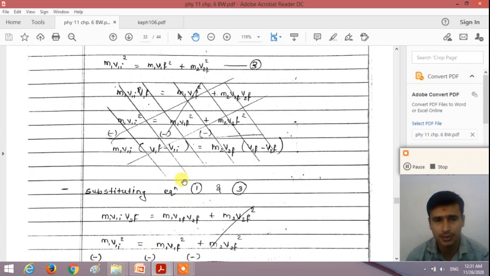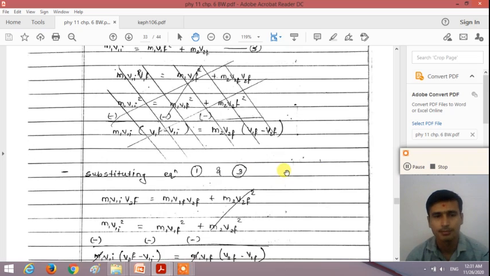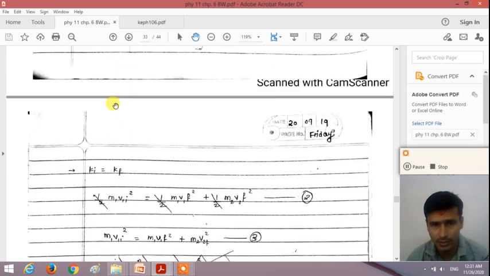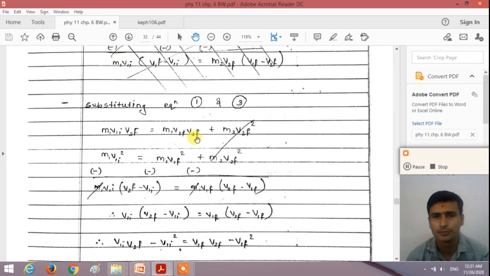Now combining equations 1 and 3 by the substitution method. In equation number 1, multiply by v2f. So equation 1 is multiplied by v2f. We get m1 v1i v2f is equal to m1 v1f v2f plus m2 v2f squared, right?